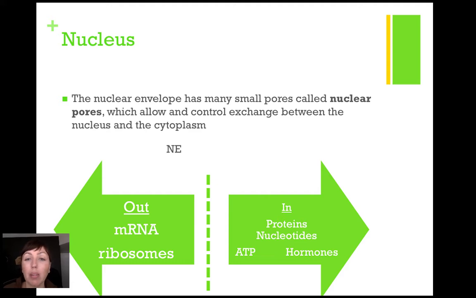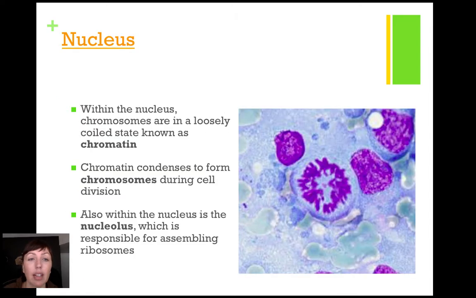So there has to be some kind of system of control. When you have that many things coming in and out of the organelle, it would seem like anything could get in or out, which obviously is not the case. So that membrane is really good at controlling what substances come in and out.